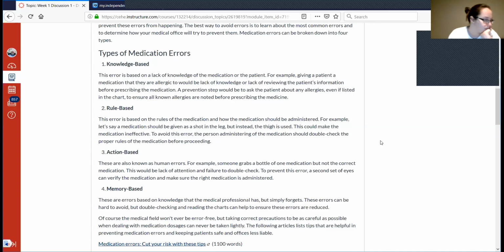My sort of go-to horror story on that occurred in Florida about 20 years ago. A child was brought into the emergency room in really bad shape.